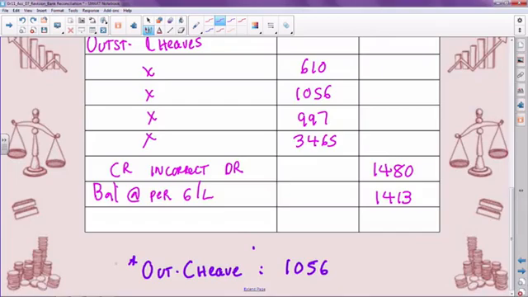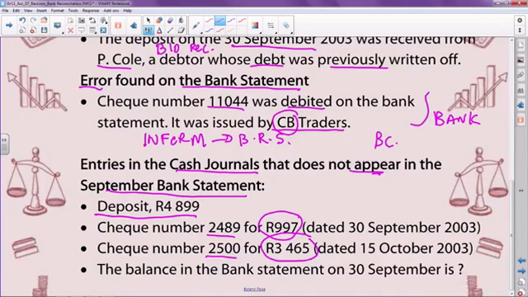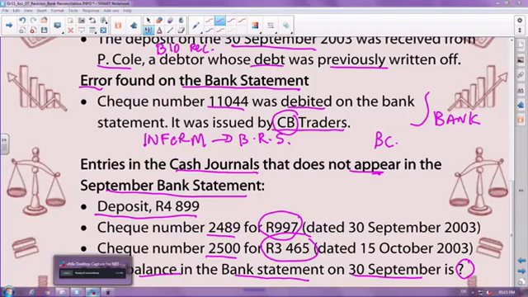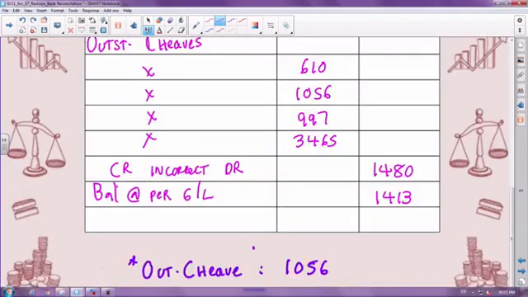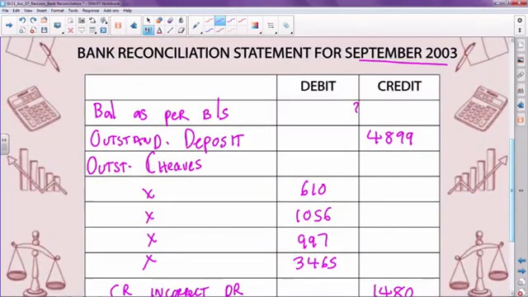Right, very last part in our bank recon. The balance in the bank statement on the 30th of September is unknown. In other words, they want us to calculate this balance. Not difficult to do. The only hassle is we can't check whether we are correct or not because this balance hasn't been given to me.